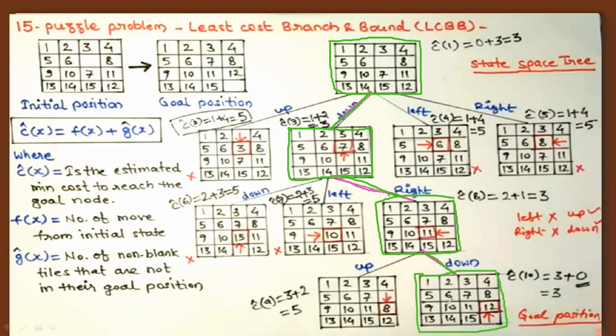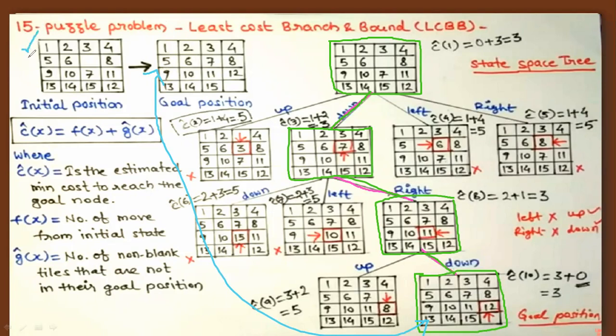Now let us see whether the values we got reach the goal position or not. Now consider the values. Here you can clearly compare this table with the goal position table. Now I have reached the goal position. So this is the given problem.